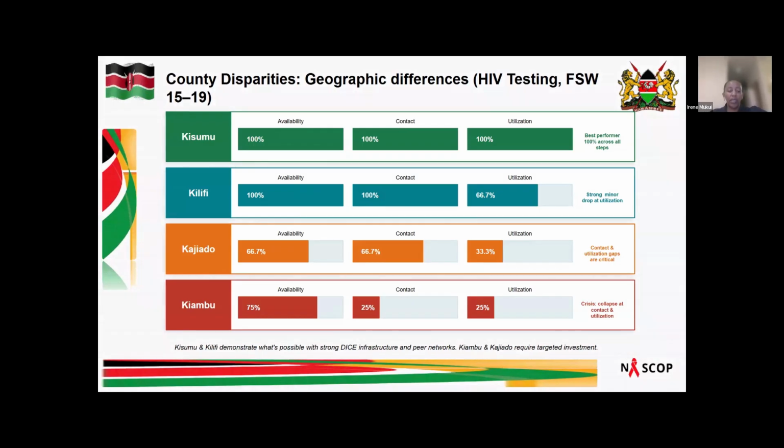One of the things that we noticed is that when you compare urban counties or urban areas where the survey was conducted, to the semi-urban and the rural counties, you start to see larger drops in the coverage of the different steps of the cascade. Next slide, please.